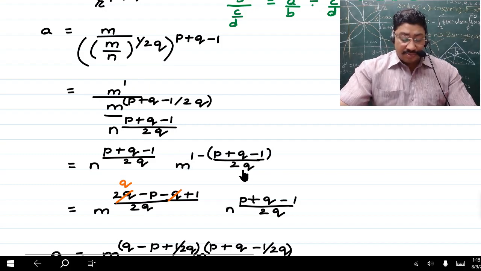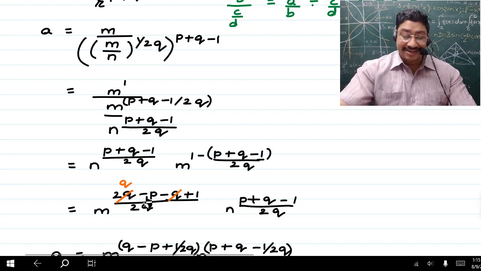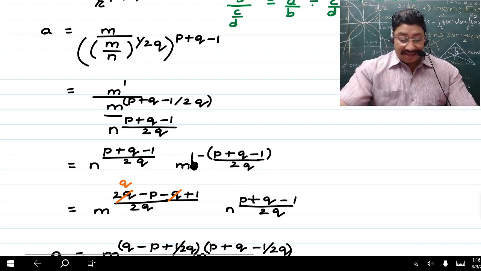Okay, now, children, when we take an LCM in the numerator here, right, we will now get 2q, from which will be subtracted p plus q minus 1. Now, on doing so, 2q minus q will actually give us q, and from that is to be subtracted p and plus 1, as minus got multiplied to all of these three terms of the fraction. Now we have 2q minus q, that's why.